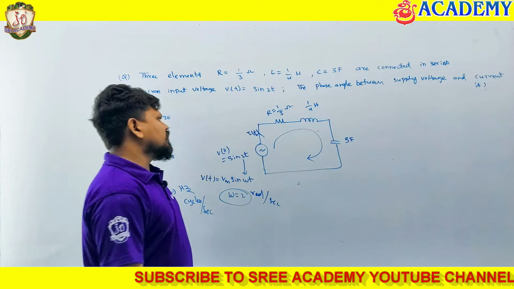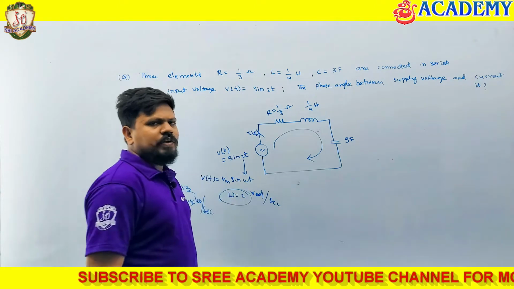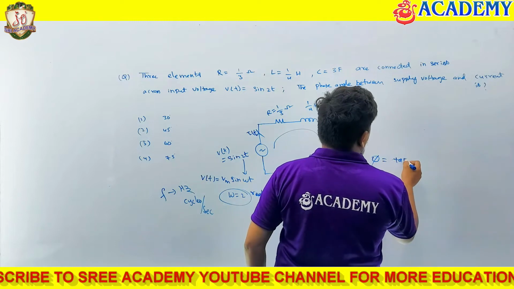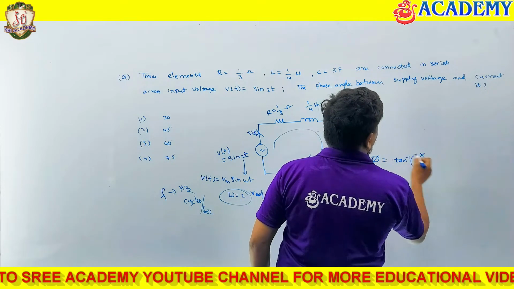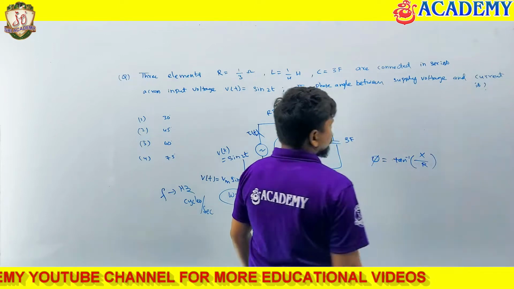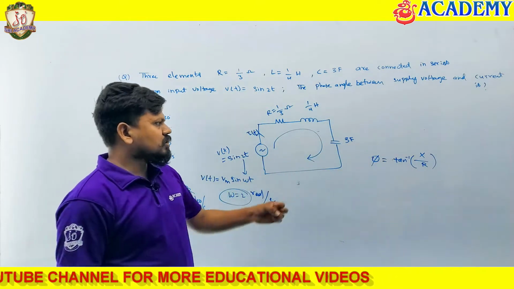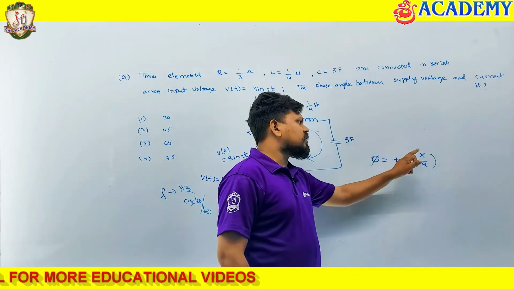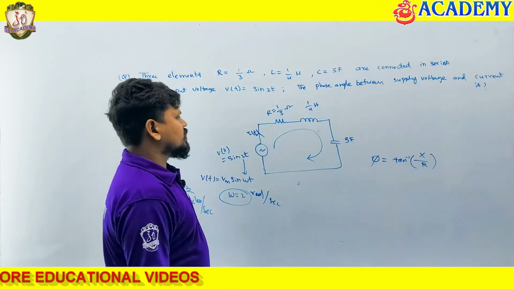Now, the angle difference between voltage and current is directly given by tan inverse of the reactance of the network divided by the resistance of the network. We have already seen this formula in this session in some other question. So phi equals tan inverse of reactance divided by resistance.